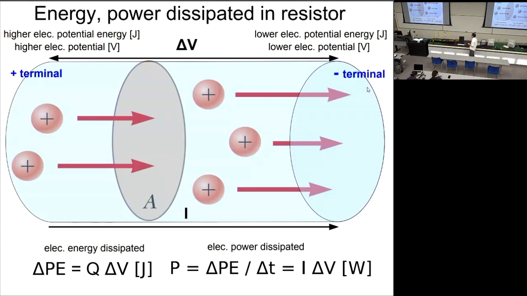So on this slide here, the main purpose of this slide is to introduce two equations that describe the electrical energy that's associated with a current flowing or with charge moving, and the rate at which electrical energy is supplied.